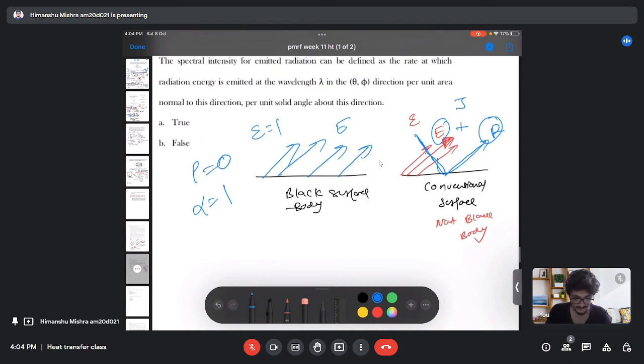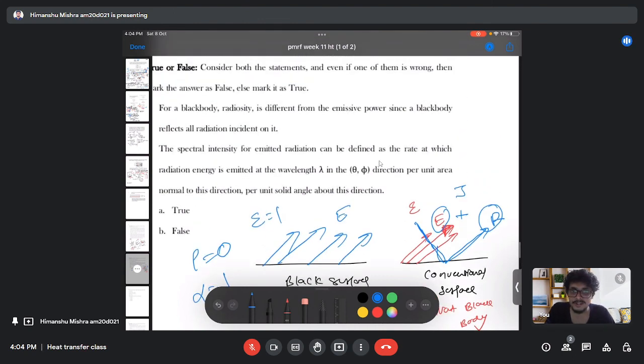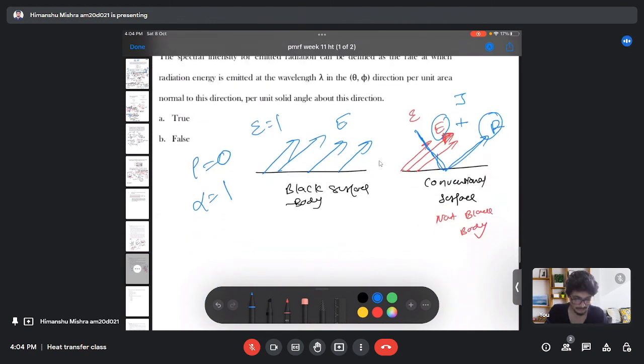In the question it is given that the radiosity is different from the emissive power, which is the incorrect statement, because all the radiosity in the black surface is due to the emission of radiation, unlike conventional surfaces, where the radiosity is due to the emission of radiation as well as some reflected part from the incident radiation.